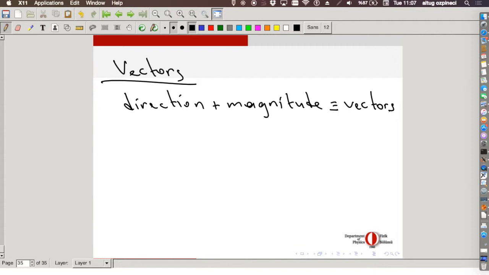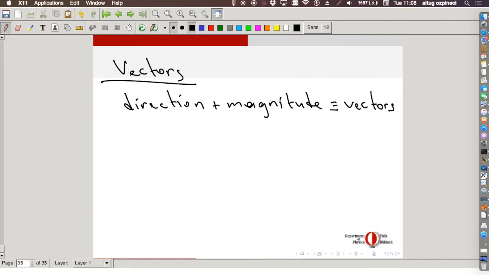Now, if you want to talk about the position, we said that you have to specify the direction relative to your reference point and also the magnitude. The magnitude changes depending on what you want to discuss. If you want to discuss the position, it will be a length.